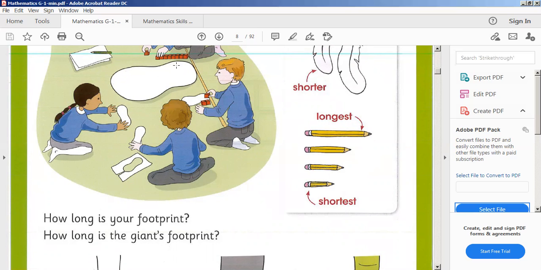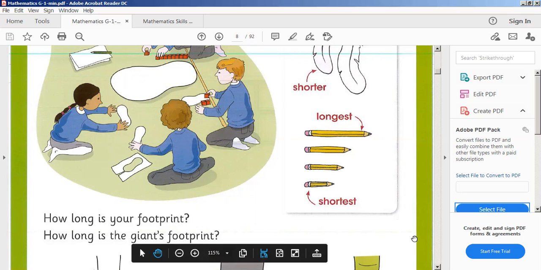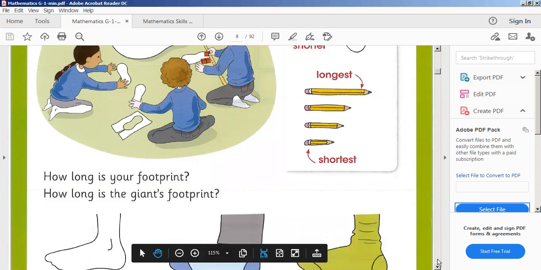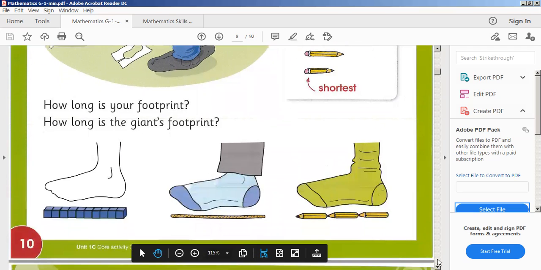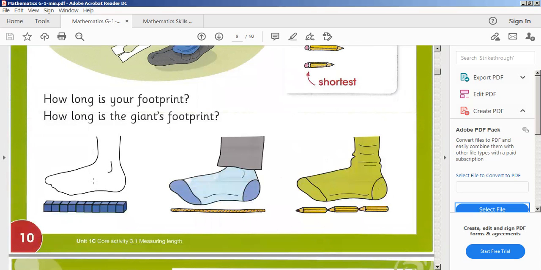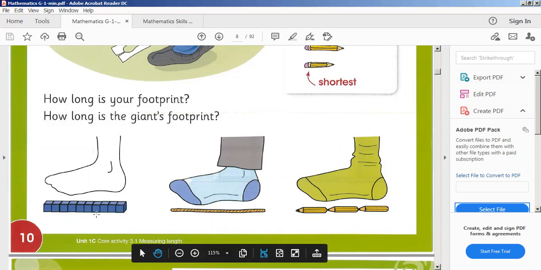It is given to you for this task: how long is your footprint, and how much longer is the giant footprint than yours? These are two questions, and then you have your activity to measure your footprint with blocks, with rope, or with pencils and paper, pens, etc. Many things you can use to measure these footprints.